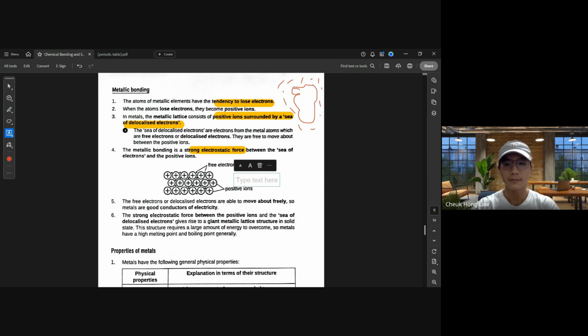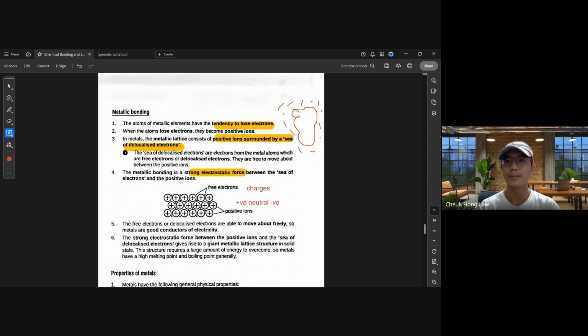You have positive, you have neutral, you have negative. Positive and negative, like I mentioned earlier, will have very strong forces together. So we have positive ions here, and electrons, right? What are the charges of electrons? It's -1, correct? So that is a negative charge. Again, you have positive charge, you have negative charge, then you have strong electrostatic force. So that is metallic bonding.